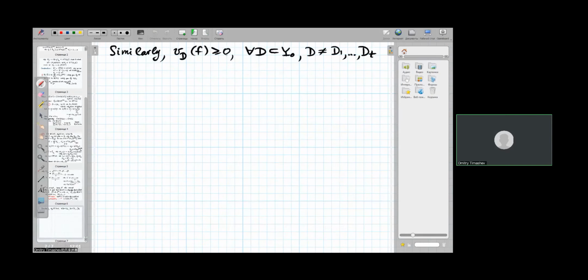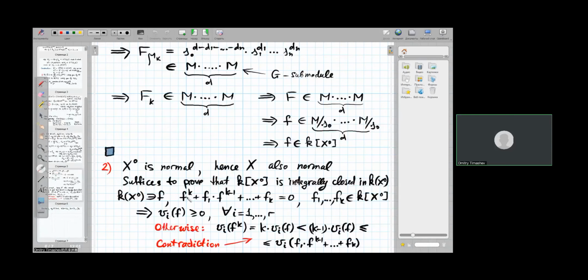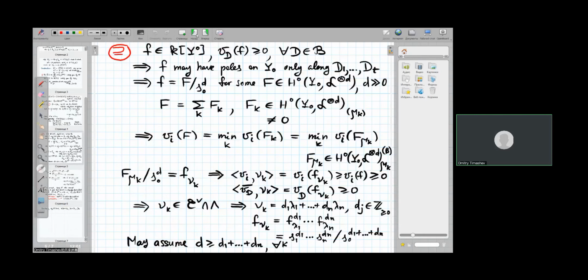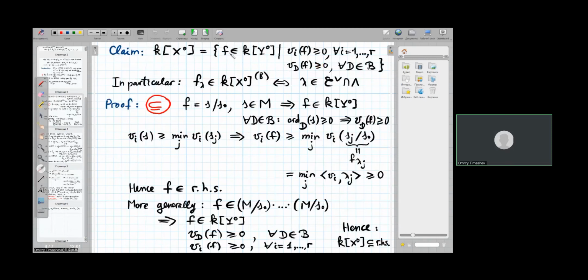If this value were negative, then the value of VD at this summand would be less than the value of VD at this sum, because on these f1, fk, the value of VD is non-negative because of these inequalities, and because f is regular on the open B orbit. So the poles of f can be only B-stable, only colors.